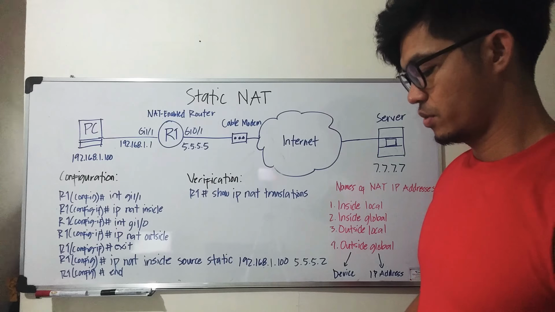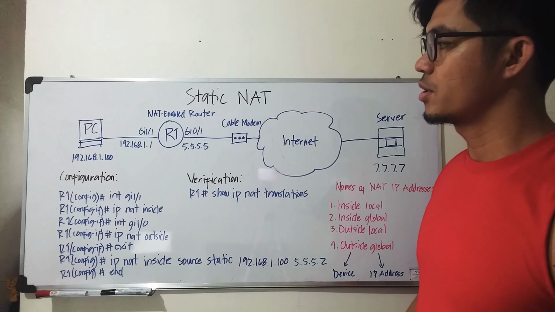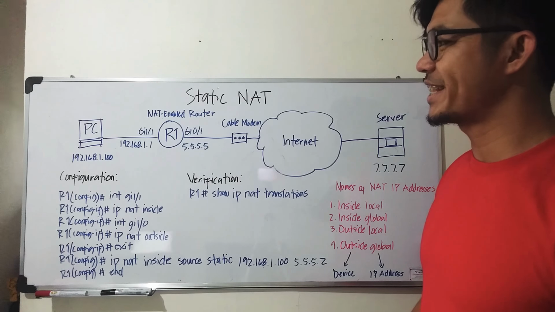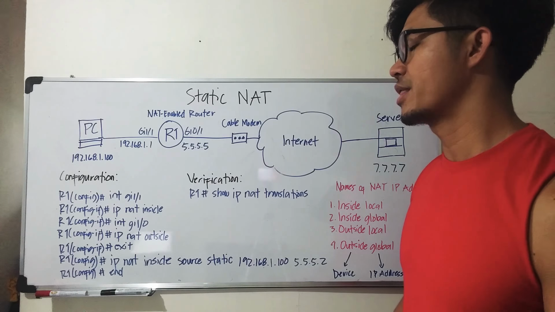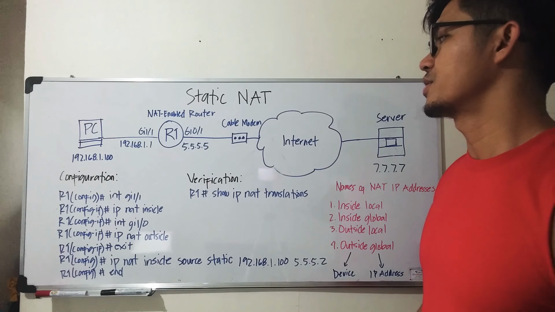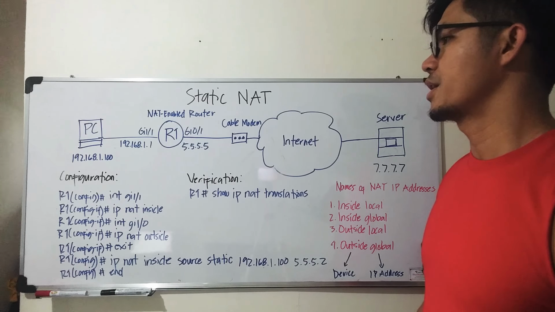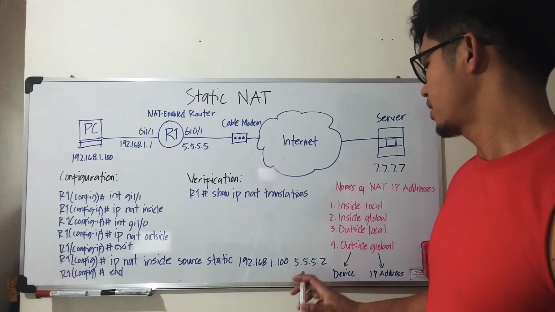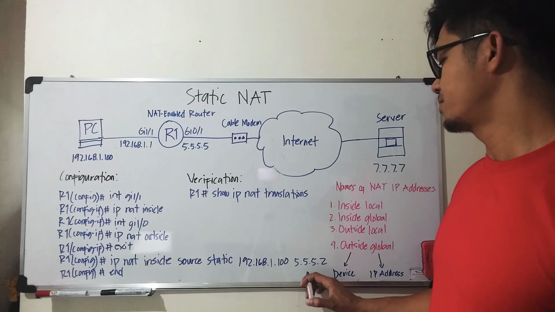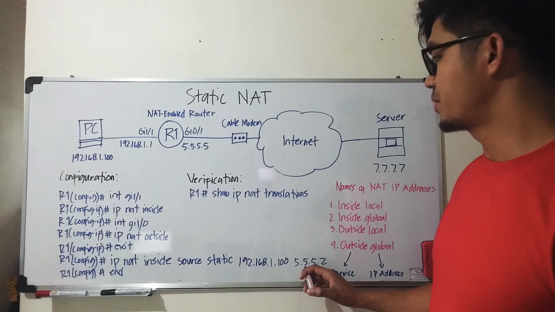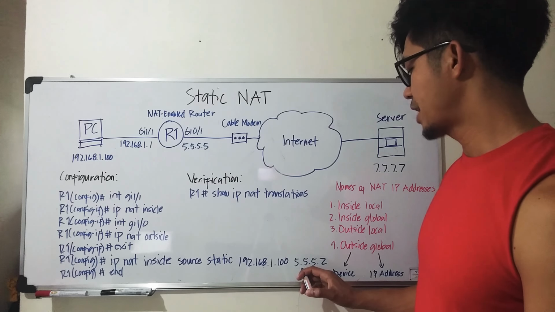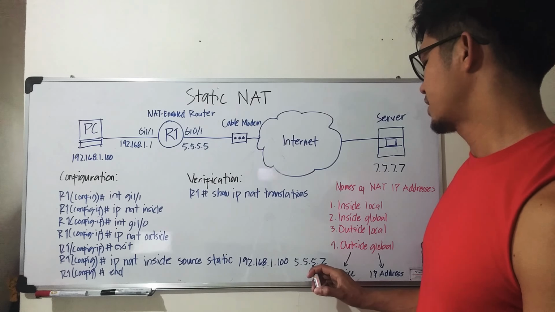router 1 will actually convert or translate the private IP address into, let's say, let's use this public IP address here, 5.5.5.2.